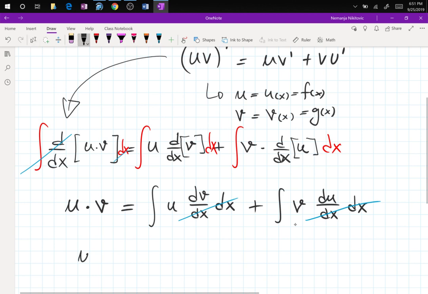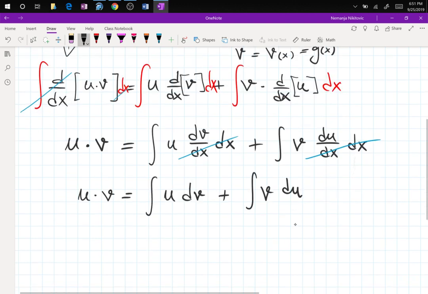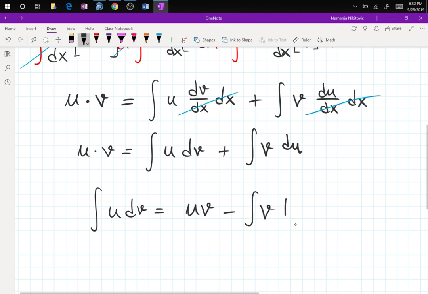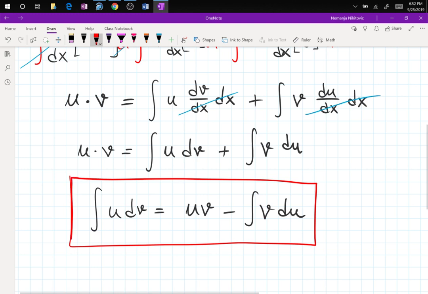So now you have u times v is equal to the integral of u dv plus the integral of v du. And from here, we solve for the integral of u dv, which is going to be uv minus the integral of v du, and that is the formula for integration by parts.